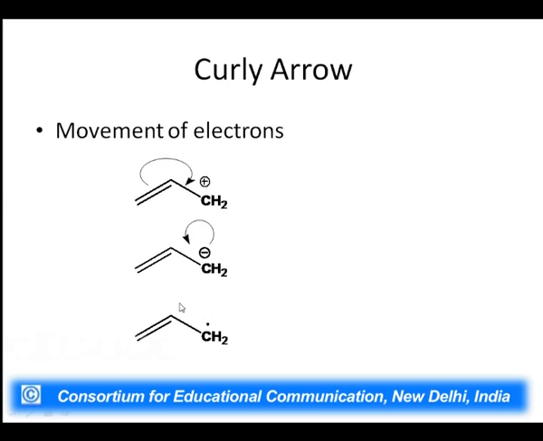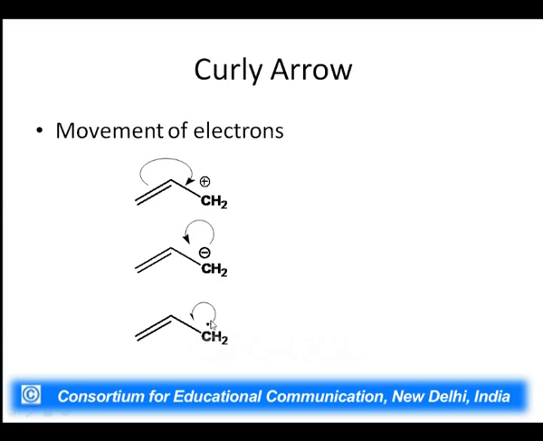How about a free radical? In allyl radical, we move the half arrow. You can see on the slide that we are moving a half arrow, whereas the full arrow depicts a pair of electrons which is moving. You can see on the slide the negative charge moving with a full arrow, and in case of the free radical, there is only one electron.